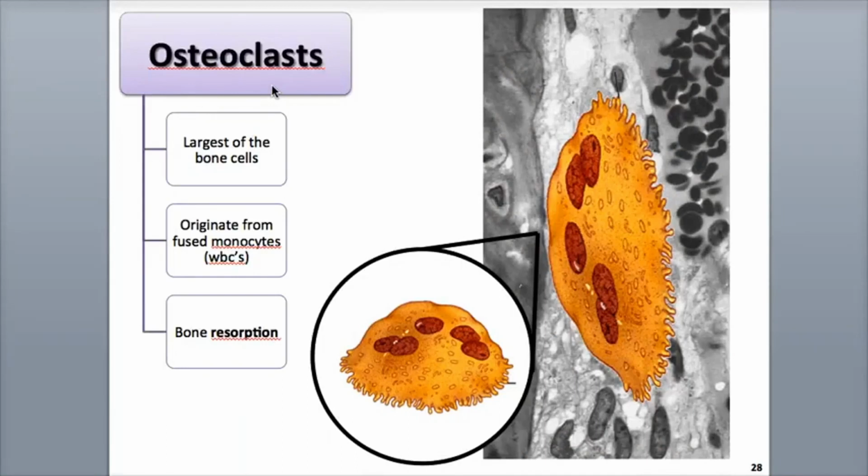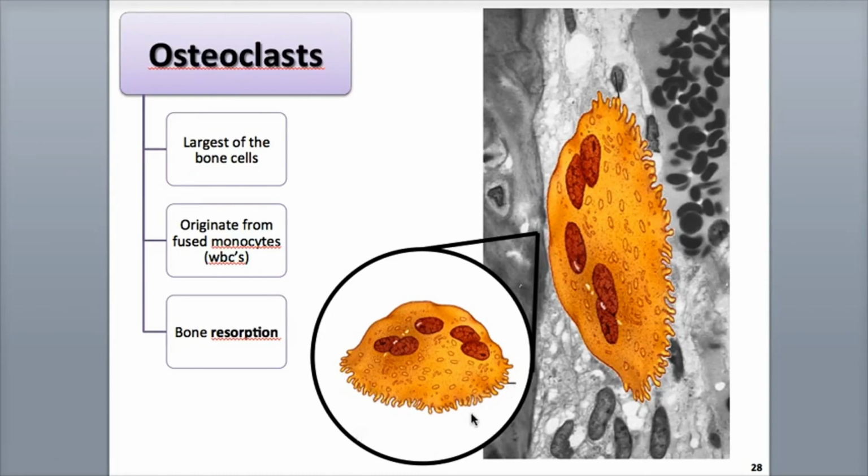The osteoclasts are the largest of the bone cells and are found mostly in the endosteum. They originate as products of the fusion of large numbers of a type of white blood cell called a monocyte. They have a unique shape, with the side of the cell membrane that faces the bone surface folded into a ruffled border.